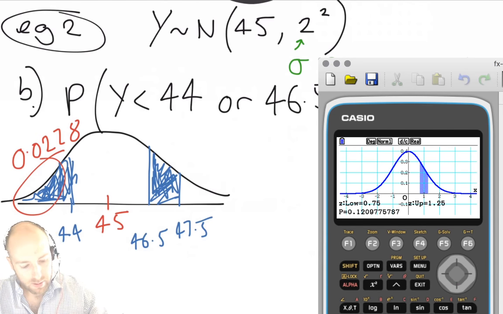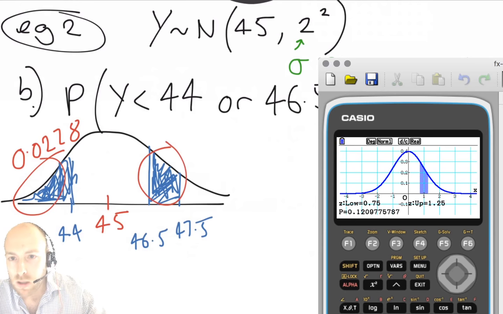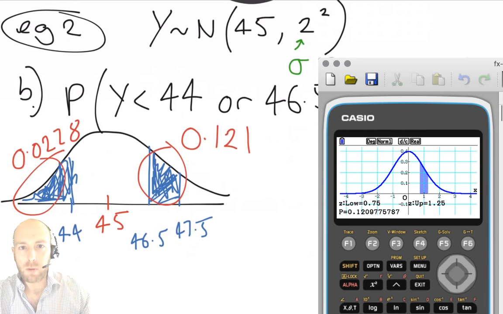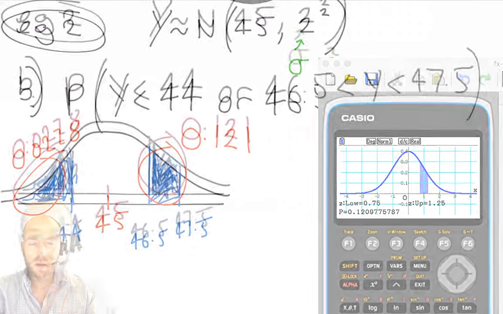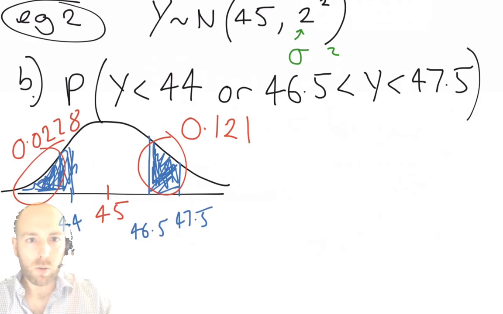So we get 0.121, I guess. So need to add both of those probabilities together. So we're going to get 0.1438.